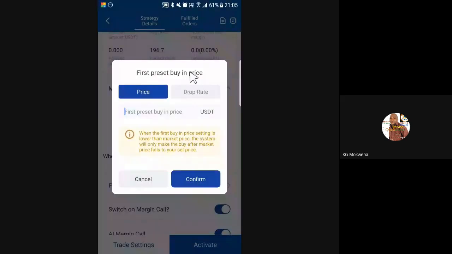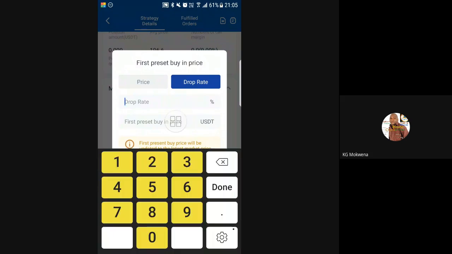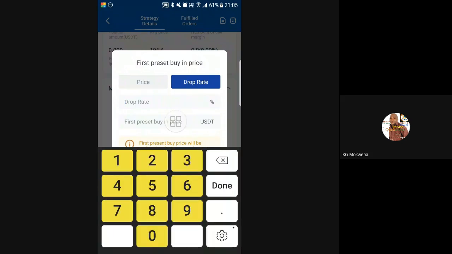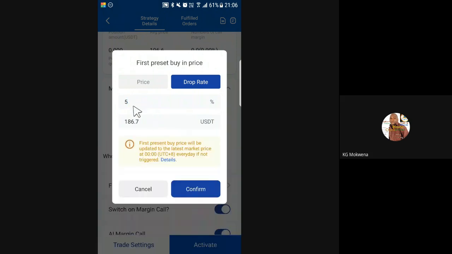Yes, business partners, drop rate. I just click on drop rate. Let me check. If I put, let's say, 5% there, can you see, business partners, a 5% drop from where the market is would take me even lower than 191. So let me reduce that now.